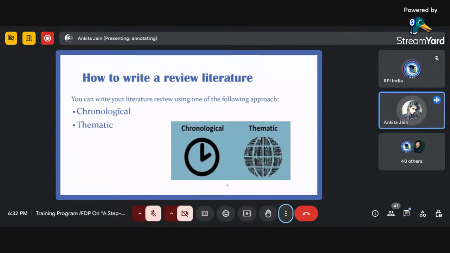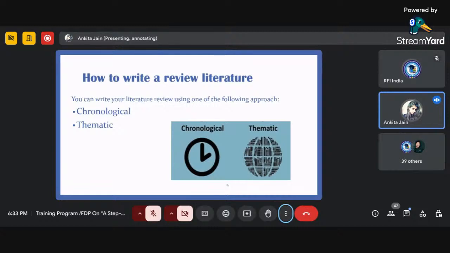The second approach can have two types of parts. One is thematic. Thematic means on the basis of sub-parts of your study. For example, if you have two or three variables, you can classify your literature in two or three parts. Second, it can be themes based on different perspectives, for example global perspective, international perspective, then the country perspective, like an Indian perspective.